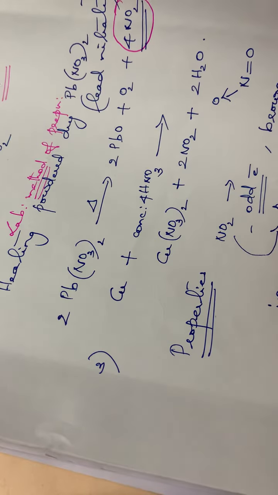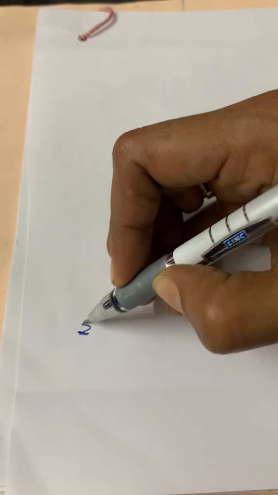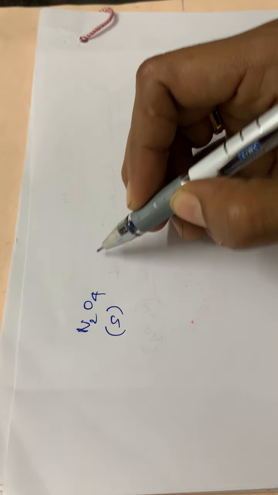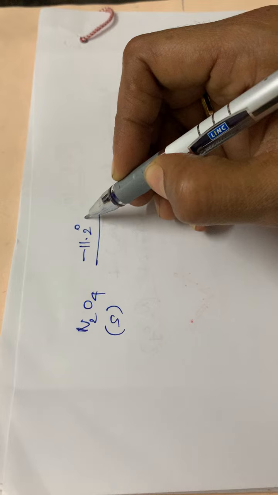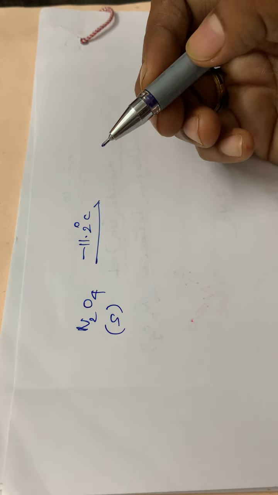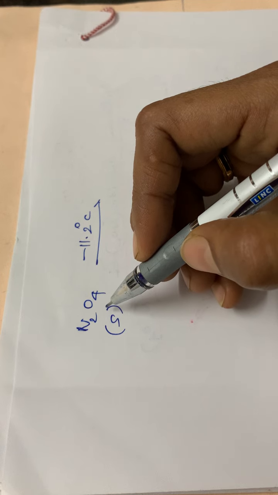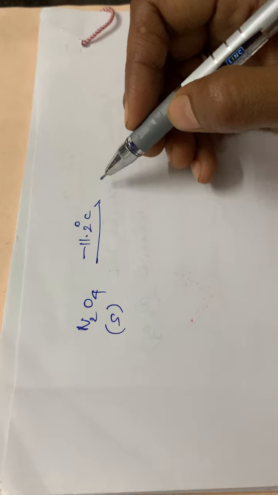Then again, one more equilibrium is there. See, N2O4 molecule is a solid at low temperature, and at minus 11.2 degrees Celsius, this N2O4 will be melting and converting to liquid.